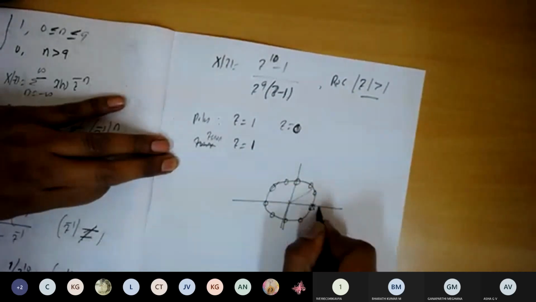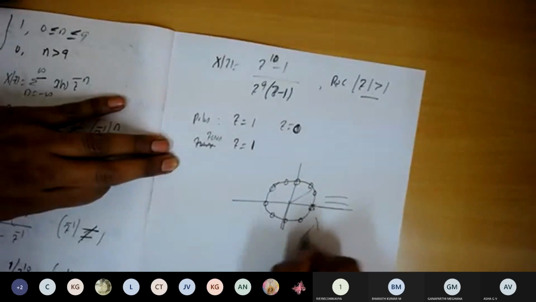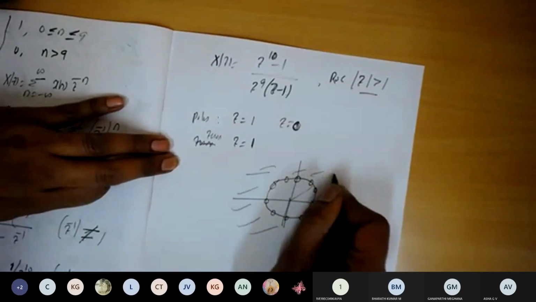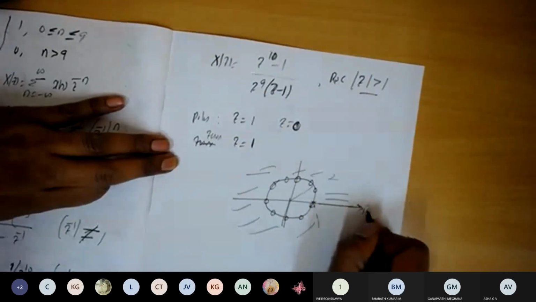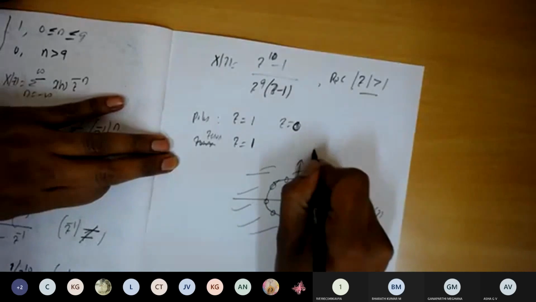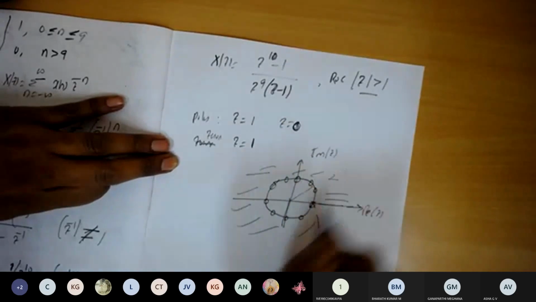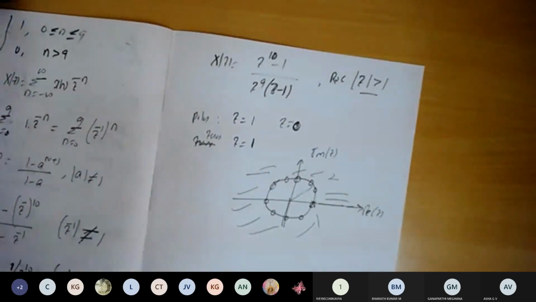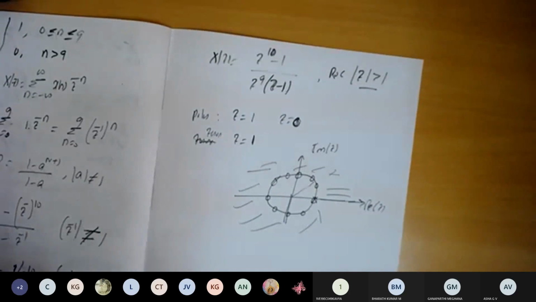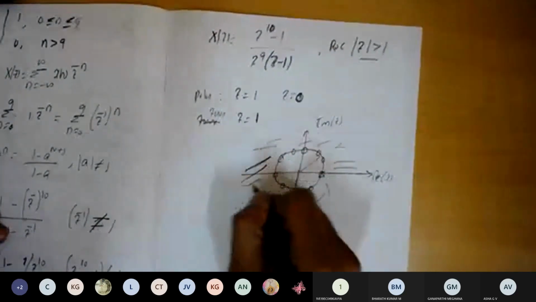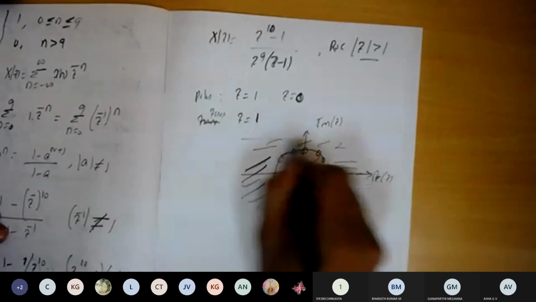So this is the unit circle, and the region of convergence lies outside the unit circle. This is the real part of Z, and this is the imaginary part of Z.